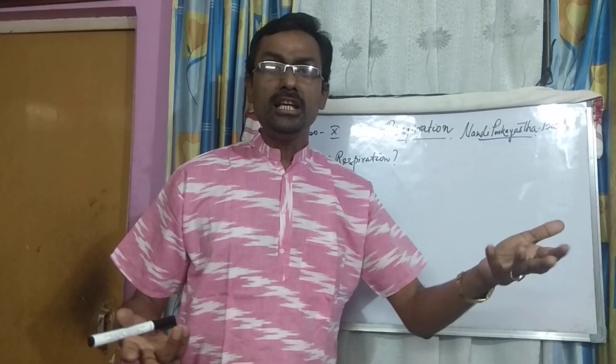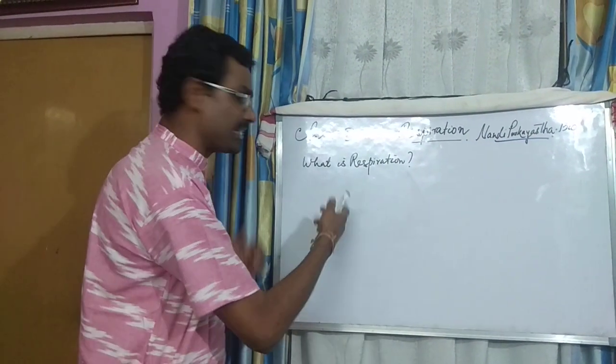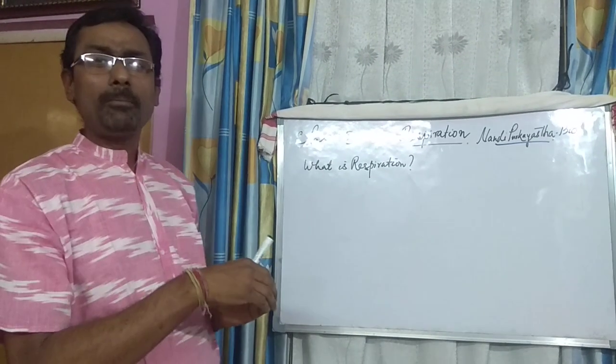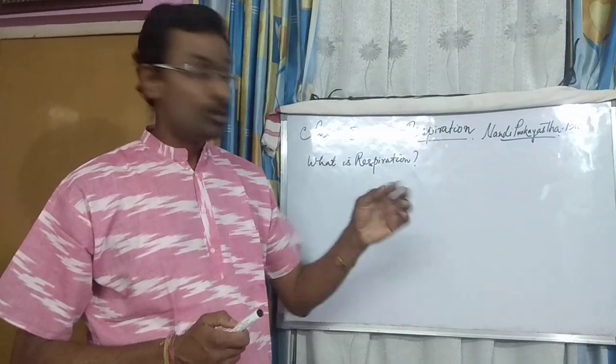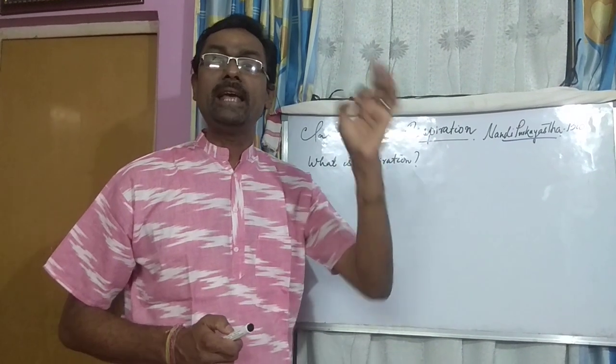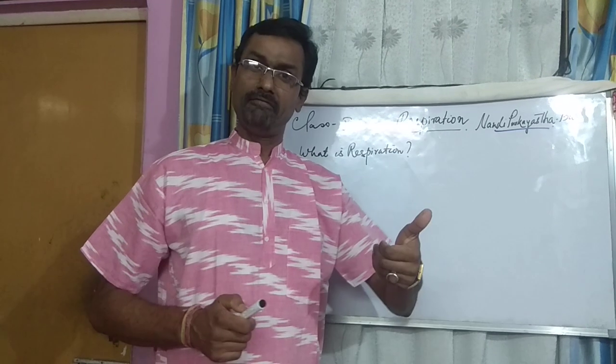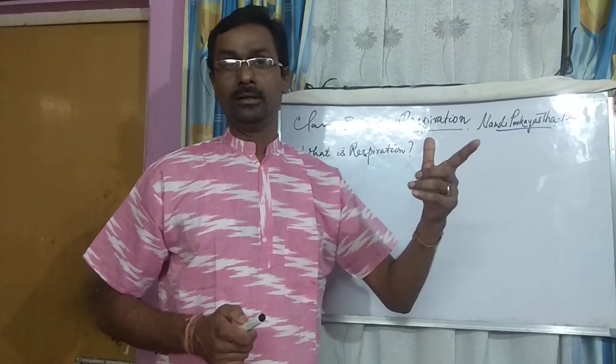I may take zinc, I may take sulfur, I may take other inorganic materials. So depending upon that, there are some namings. So what is respiration in that case? Respiration is the breaking down of carbohydrate, glucose, to give what? Energy.